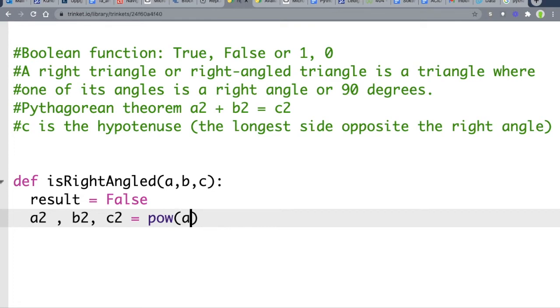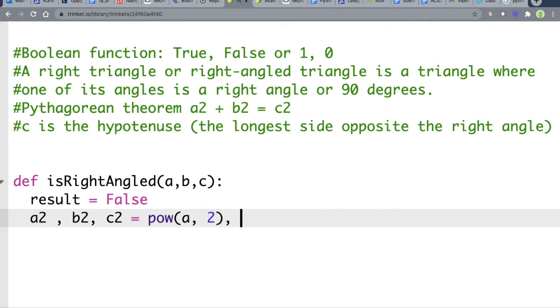So we have a squared. It means that this variable a2 will be assigned the value of the square of a.